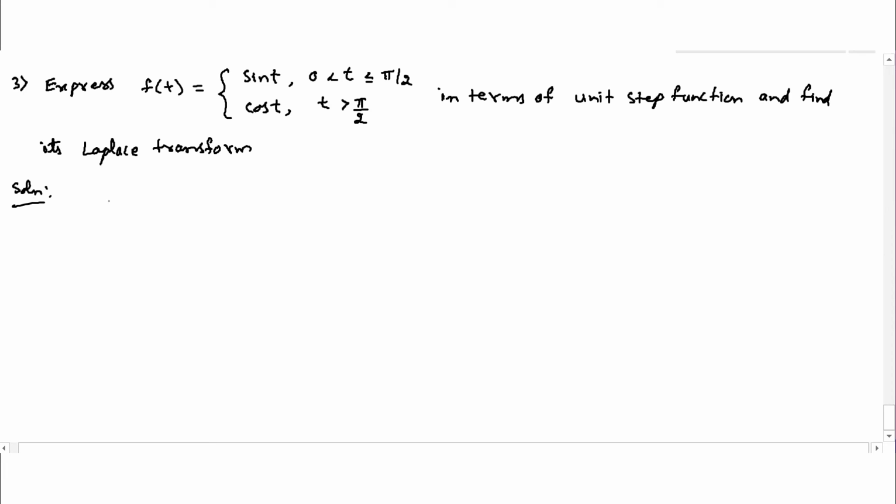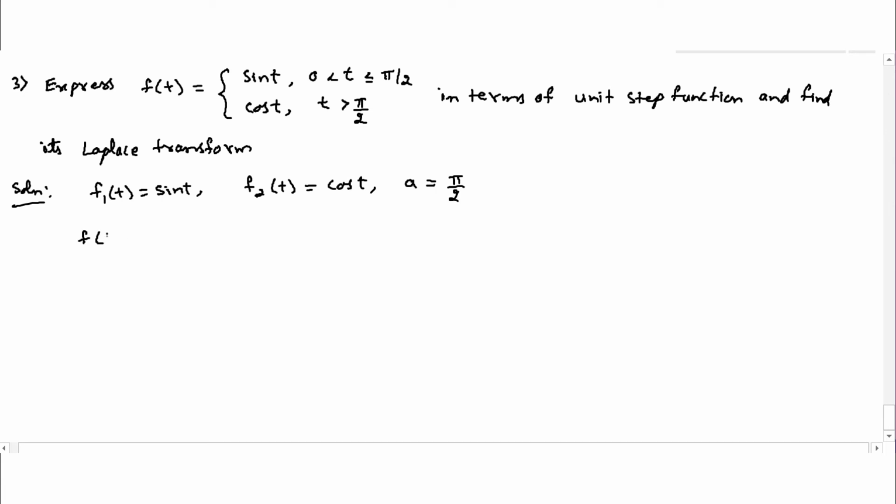Now try to compare. Your f1 of t value over here is sin of t, f2 value is cos of t, and the value of a is equal to pi by 2.